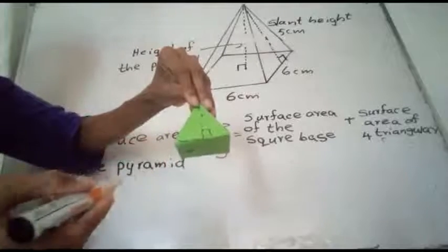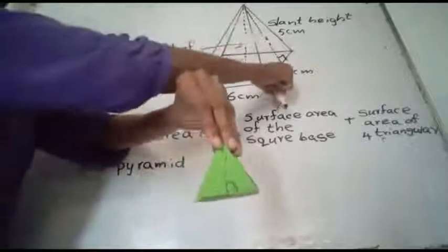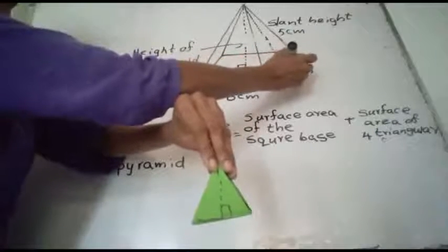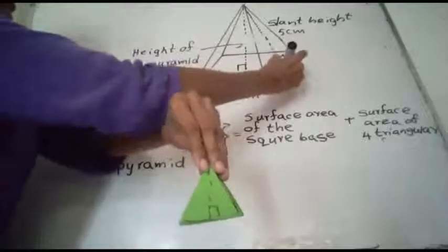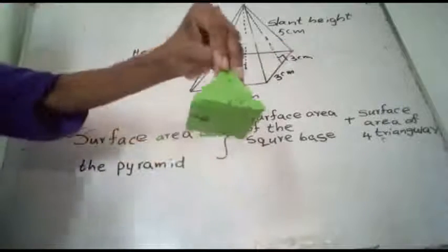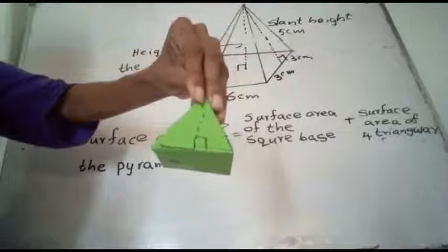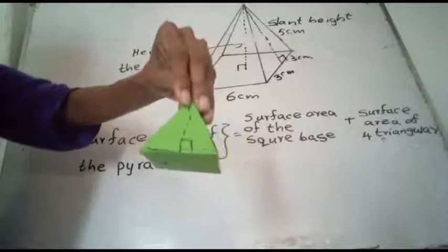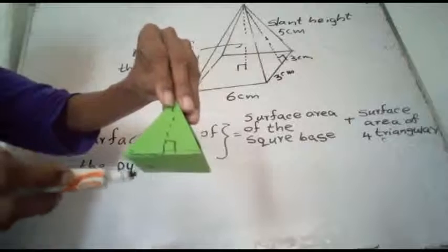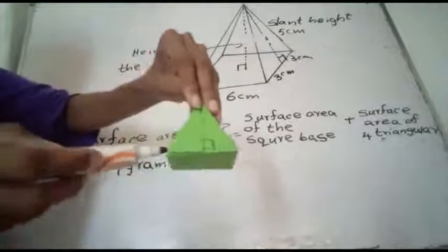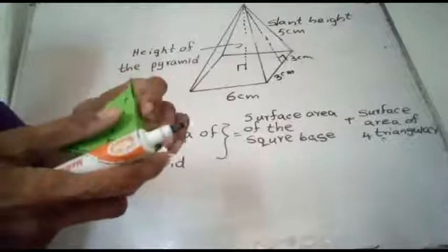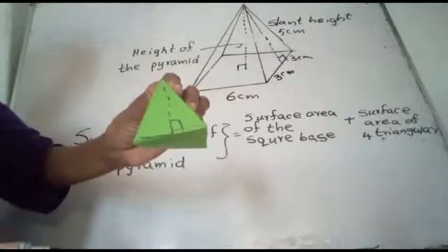The length of this side is 6 centimeters. Half of 6 centimeters is 3 centimeters. To find the surface area of the square base pyramid, we find the area of the base and the area of the triangular surface.